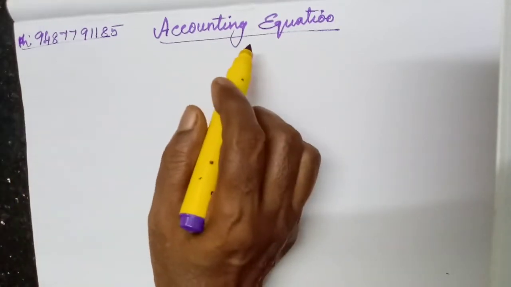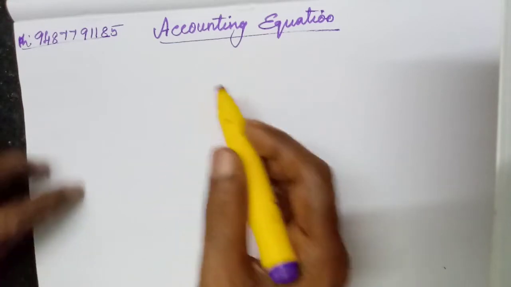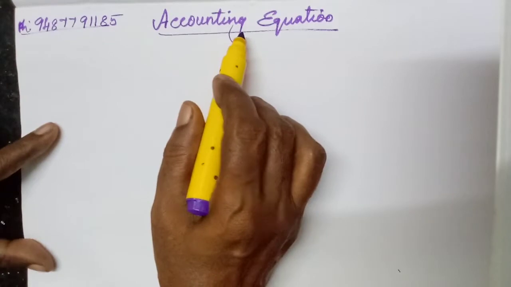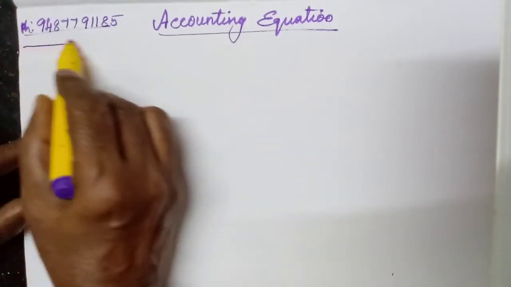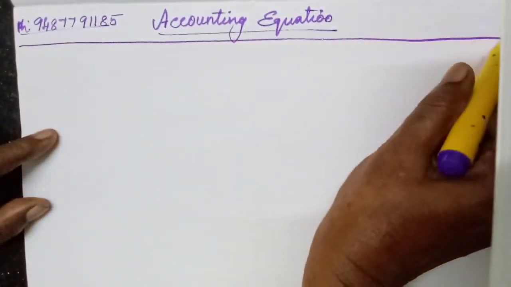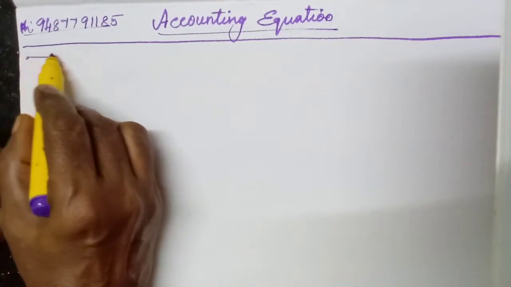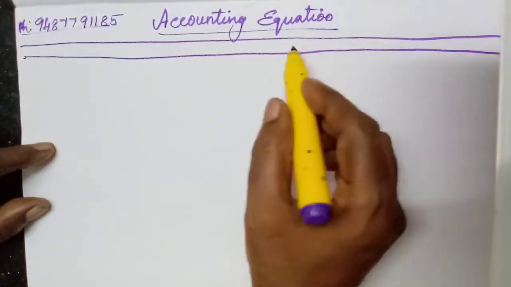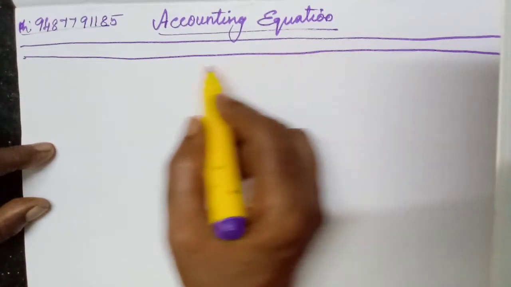Now, accounting equation. The business name is not given. So, you draw. You have to draw with scale and pencil. The 2 pages we have to use.